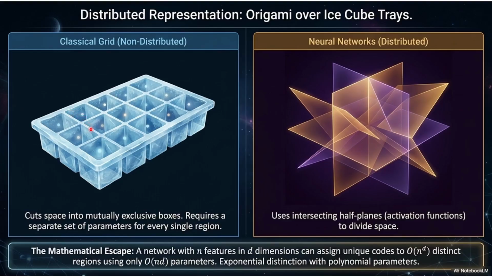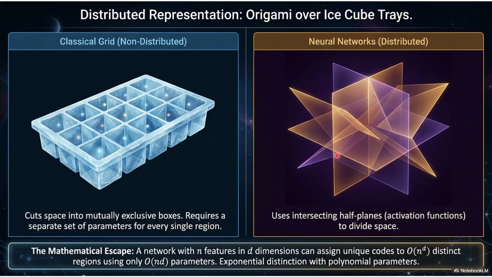Think of a grid as an ice cube tray. It rigidly cuts space into mutually exclusive boxes and requires a separate set of parameters for every single region. Neural networks, on the other hand, act like origami. They use distributed intersecting half planes, or activation functions, to divide the space.